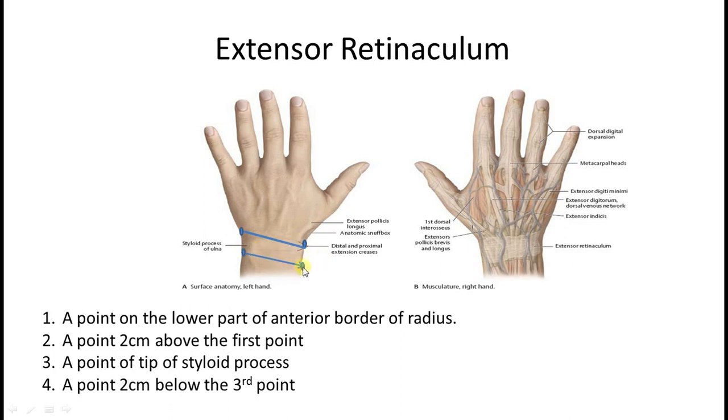So you draw these 2 lines, a 2 centimeter gap should be there between them, and you should draw it obliquely. That represents your extensor retinaculum.